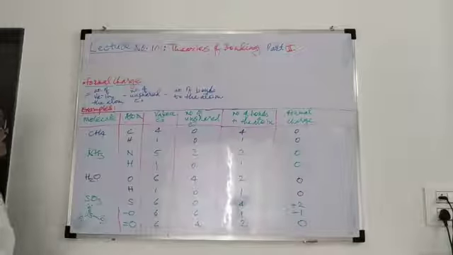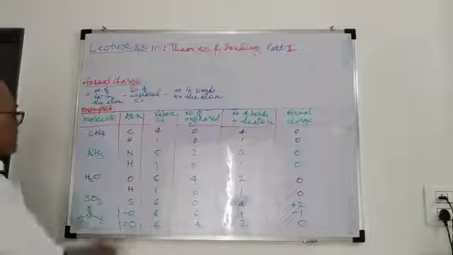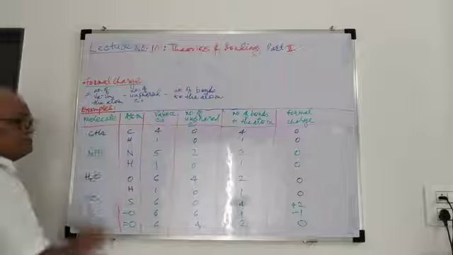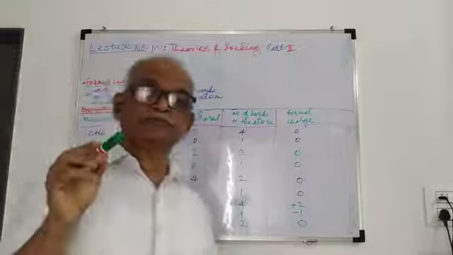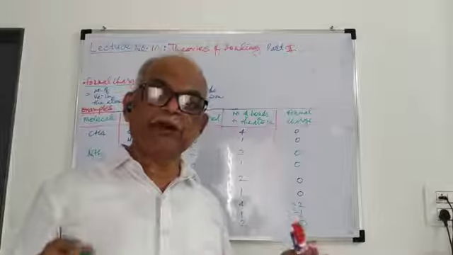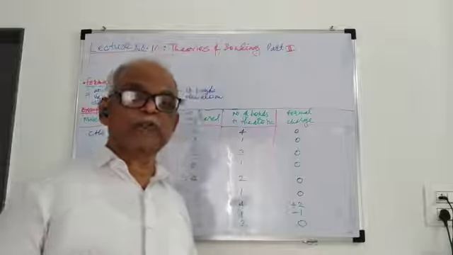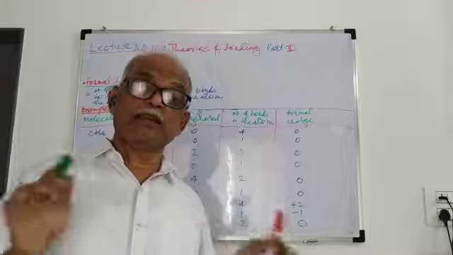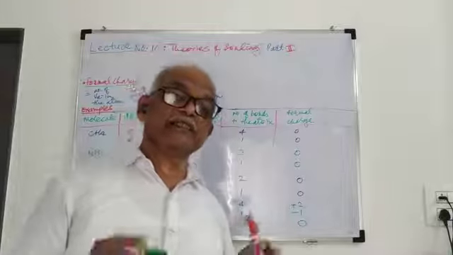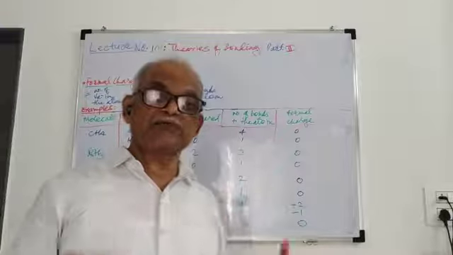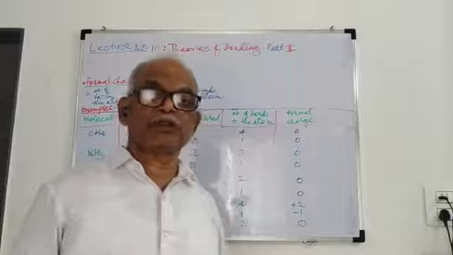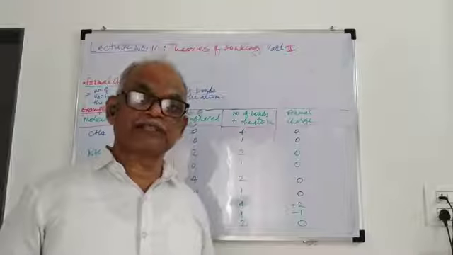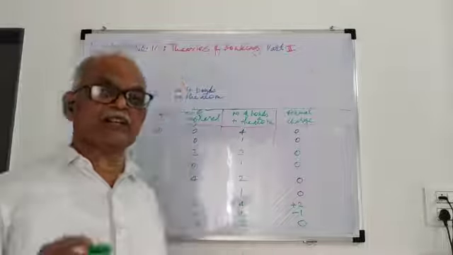If we see this example of CH4, we have to calculate the formal charge for every type of atom. It may be the atom of the same element, but when the atoms have different environments of electrons or bonds, then we have to calculate formal charge separately for these atoms.